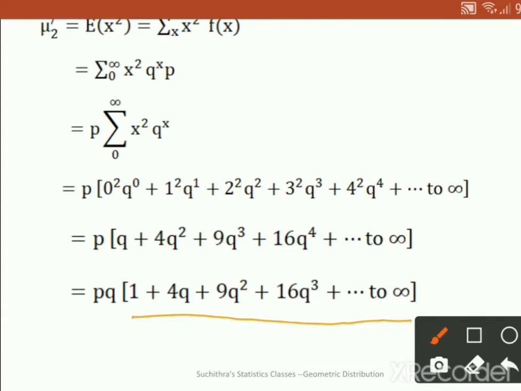We are going to rewrite 1 plus 4q plus 9q square plus 16q cube in the following manner.